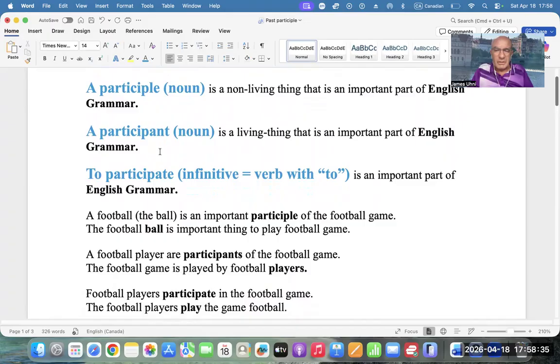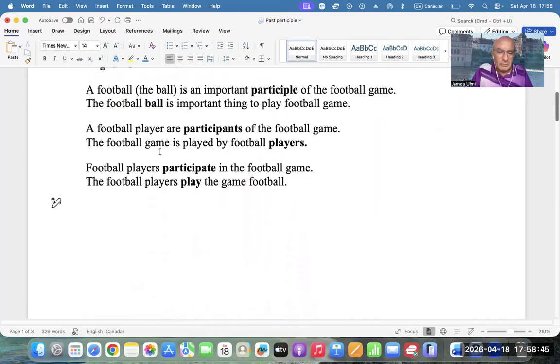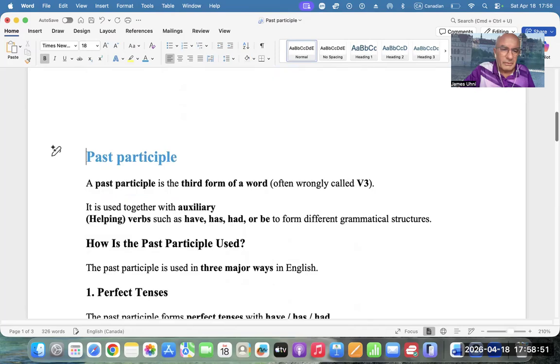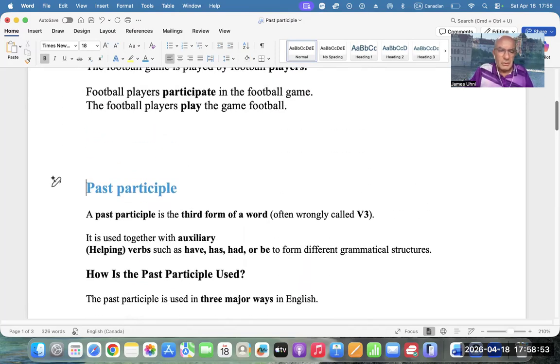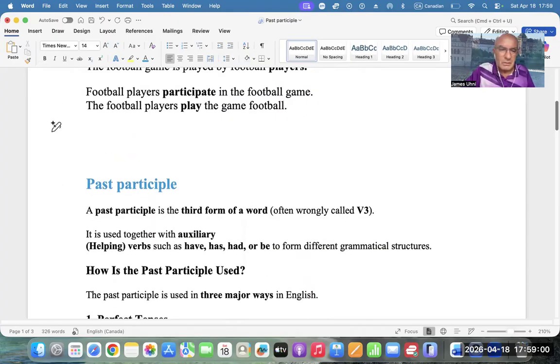So if we look, what is a participle? Here we have the explanation right at the beginning. So now we have to learn why it is not verb 3. And that we will find very soon right here. So what I will do, I will make a line over here.